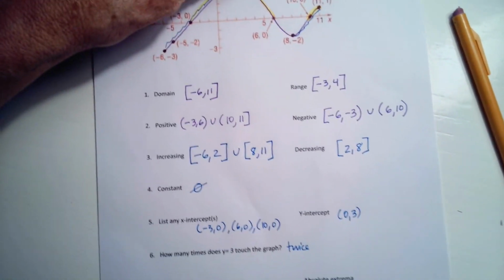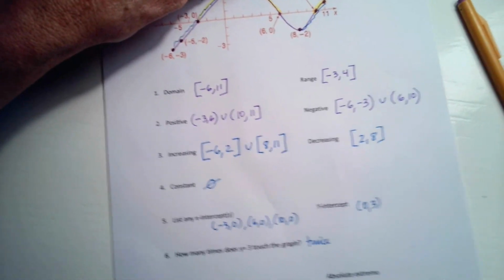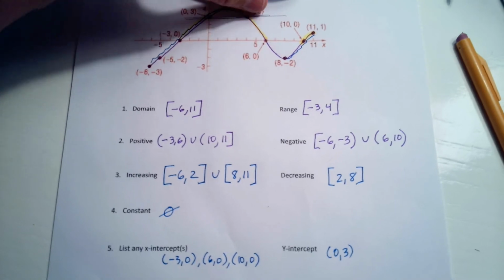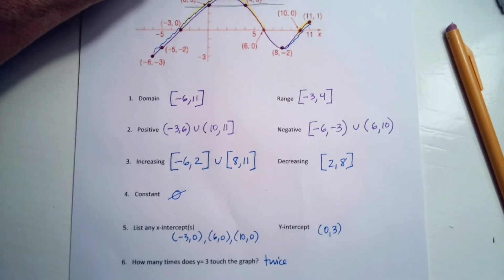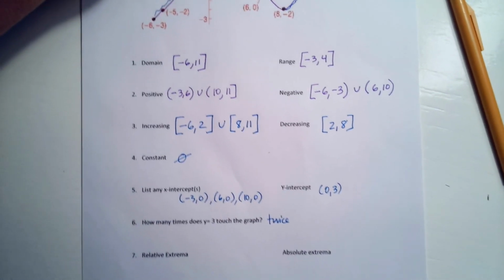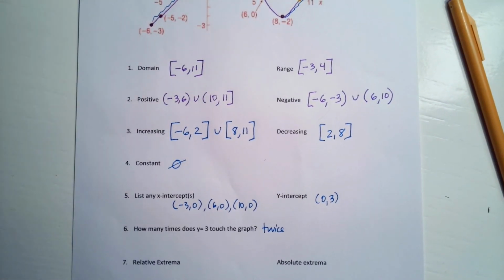All right, 2 words that may be new for you: relative extrema and absolute extrema. Sorry, my Amazon purchased document reader isn't great with big pieces of paper. Relative extrema, so that's relative maximums and relative minimums.